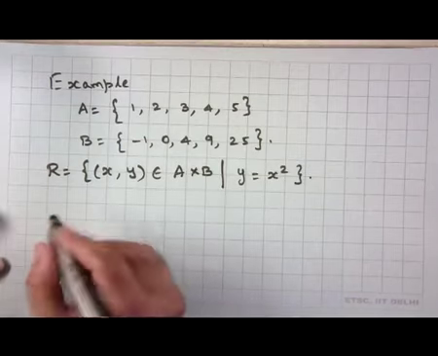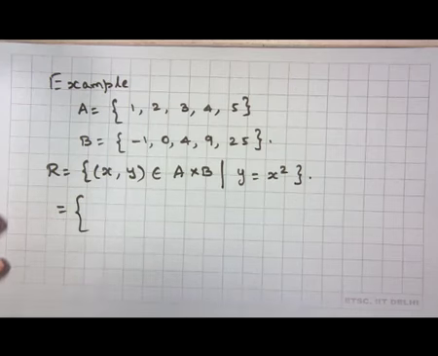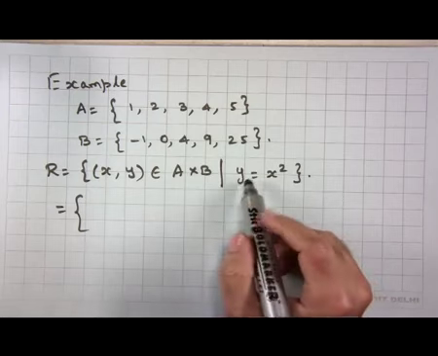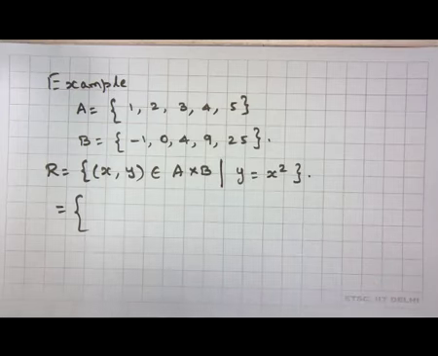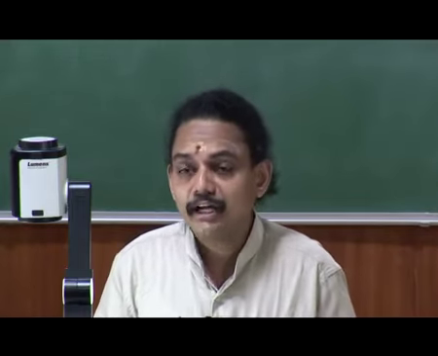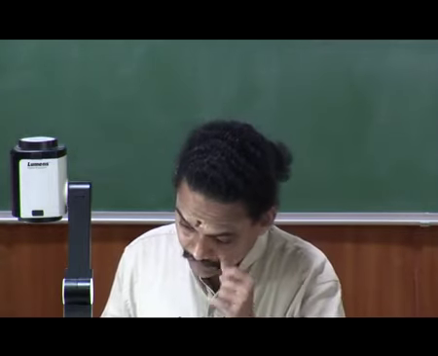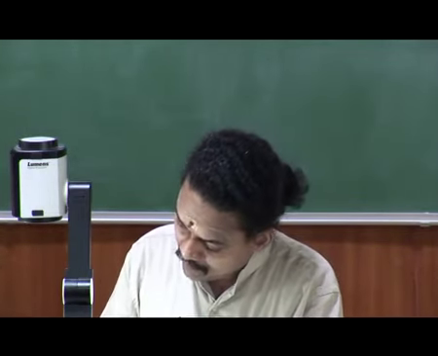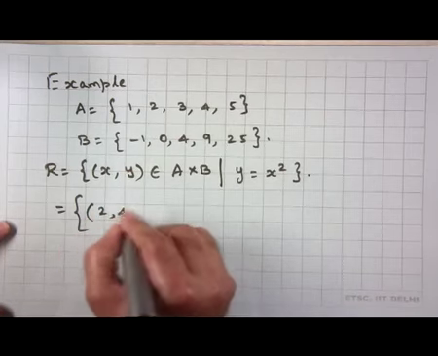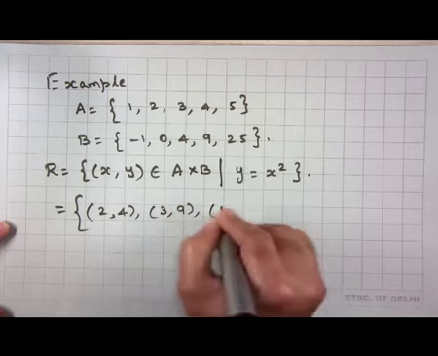So, now let us try to expand this. Whenever you have an ordered pair, the second element should be related to the first element by the condition that y should be of the form x square, which means the only possibilities are (2, 4), (3, 9) and (5, 25).